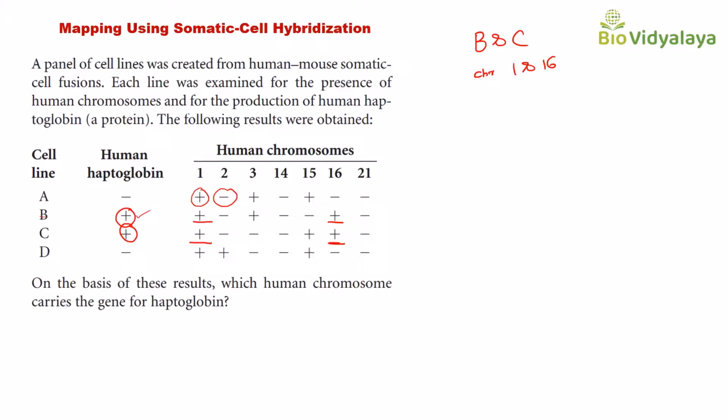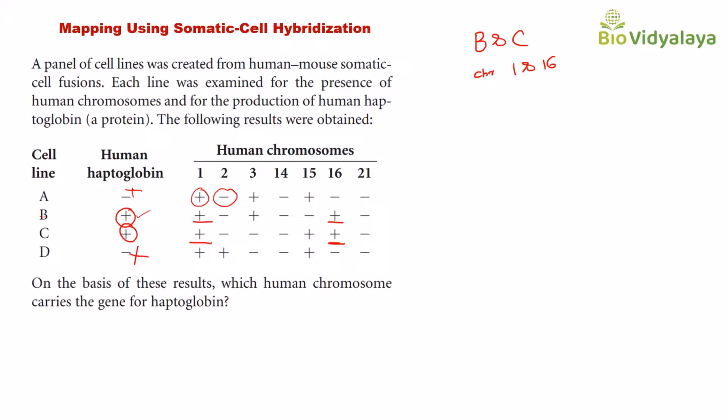Chromosome 1 is present in cell lines A, B, C and D. But cell lines A and D do not produce haptoglobin.